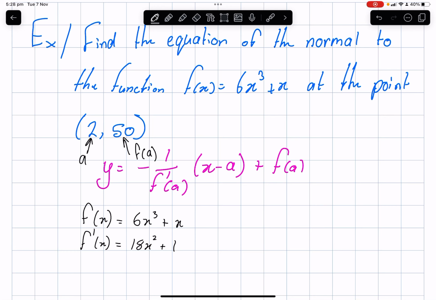Okay, now we want to find exactly where my derivative is. So we need to substitute 2 into my derivative. That is step 4. So f dash of 2 is 18 times 2 squared plus 1.